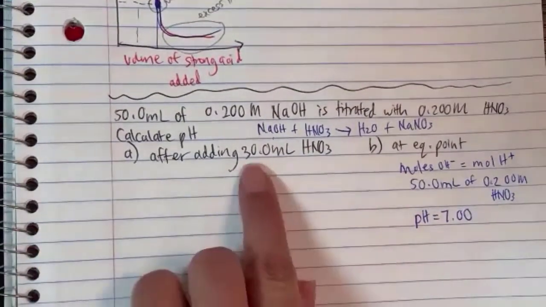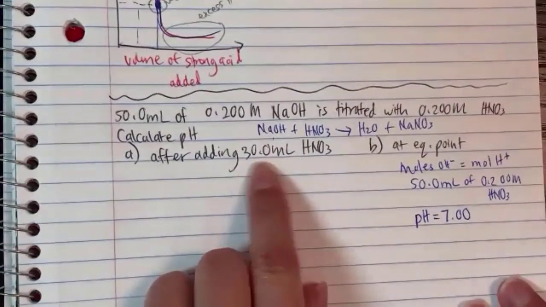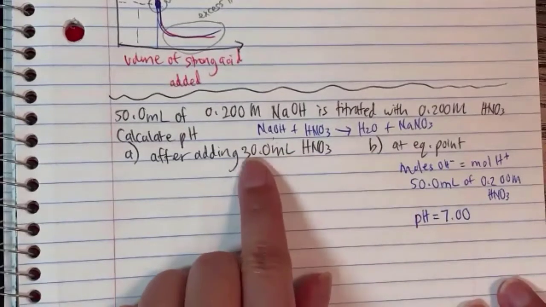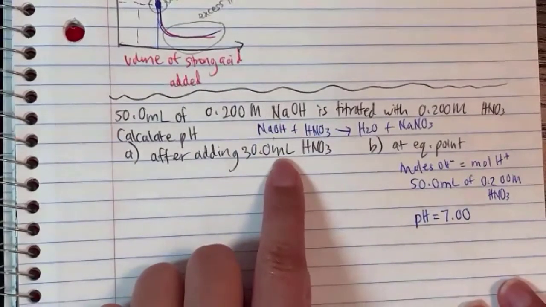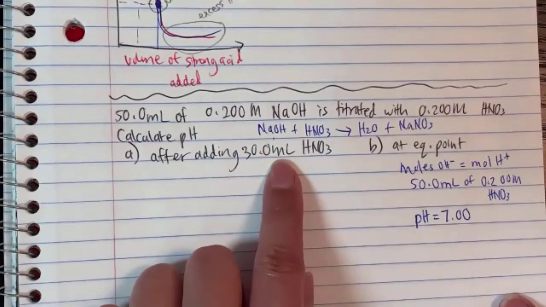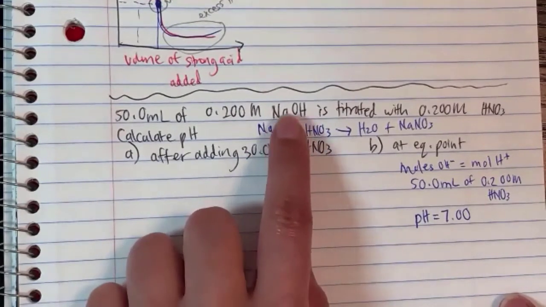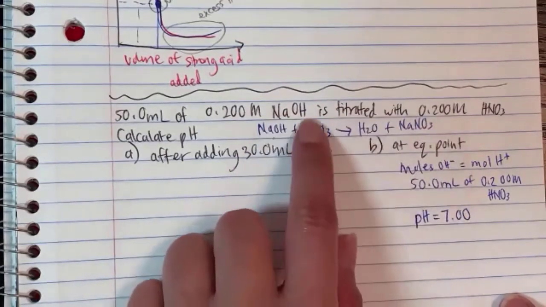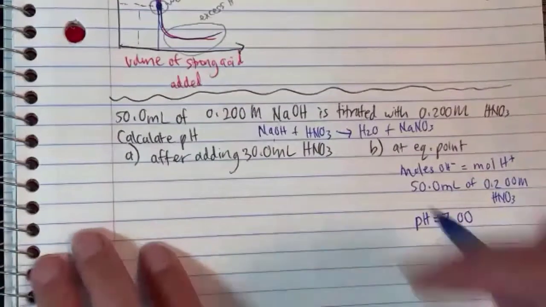Now, if you add 30 mils, you're not quite at 50. What's the pH going to be? You can tell it's not going to be 7. And what does this picture look like? So a base is titrated with acid. You start off with base.